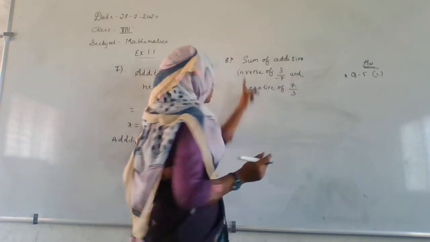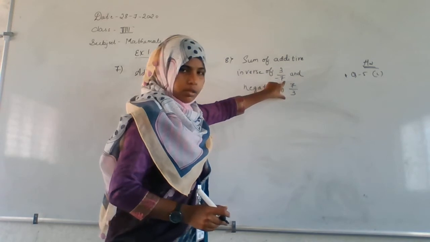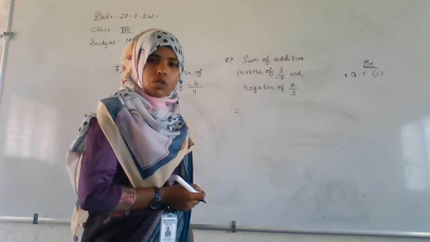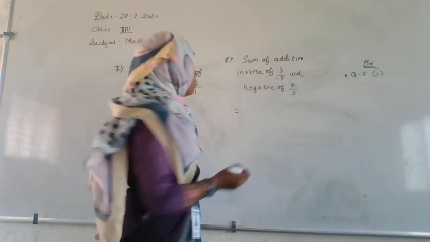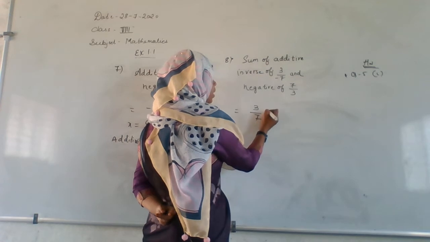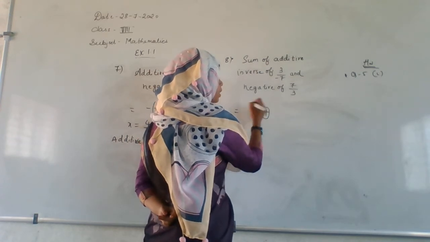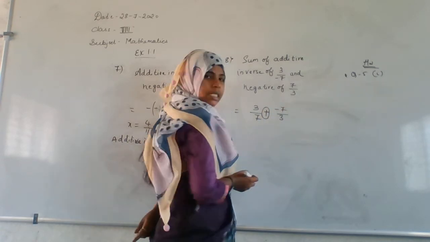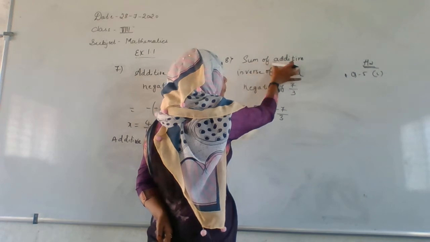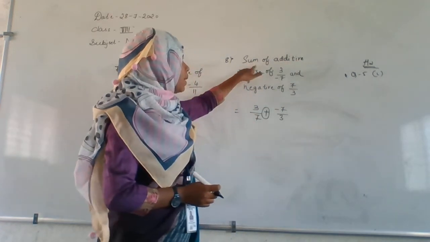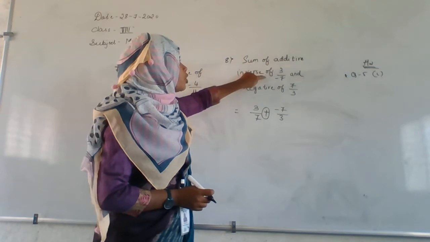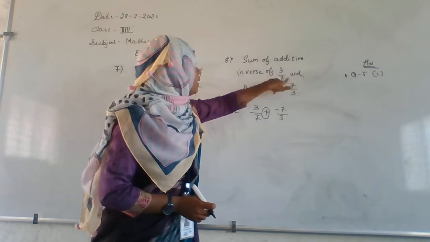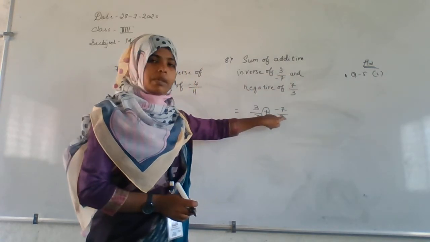They are saying the sum of this and this, but before that, the additive inverse of 3 by minus 7 will be 3 by 7. And plus, because they are asking for the sum, and negative of minus 7 by 3, negative of 7 by 3 will be minus 7 by 3.